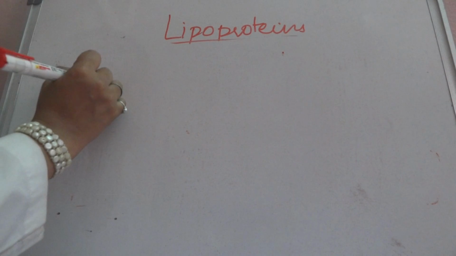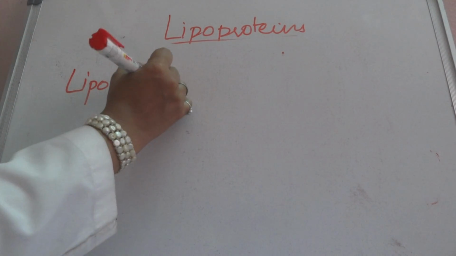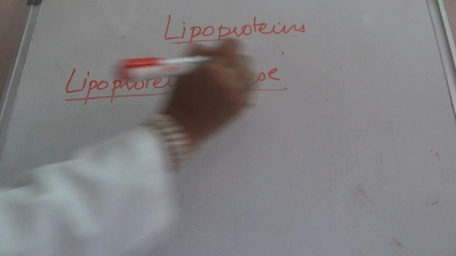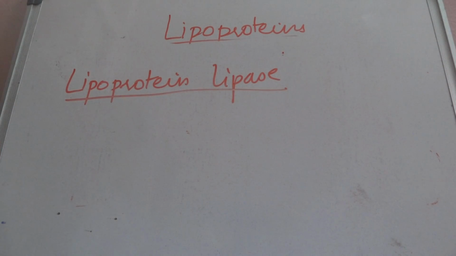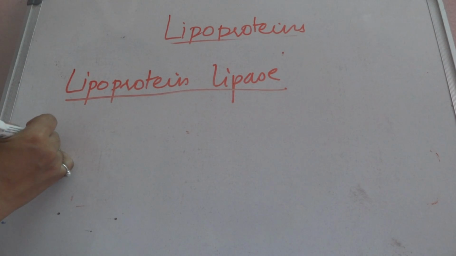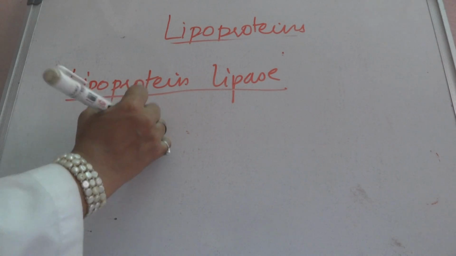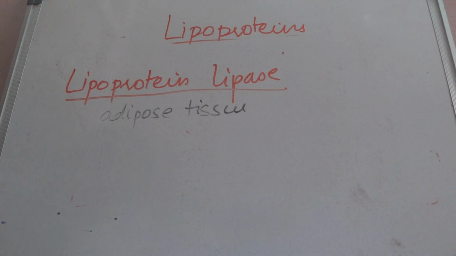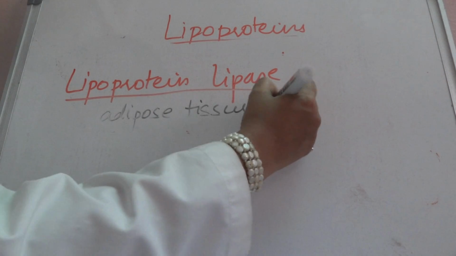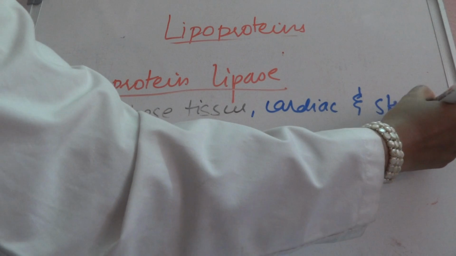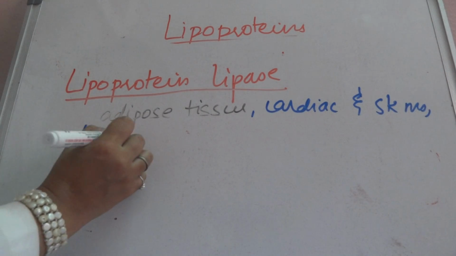Now the other important point that we are supposed to know before going to the metabolism of lipoprotein is what lipoprotein lipase is, or rather who activates lipoprotein lipase. Lipoprotein lipase is present in adipose tissue, in cardiac and skeletal muscles, and in lactating mammary glands.